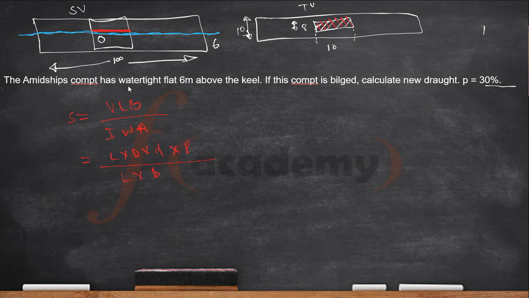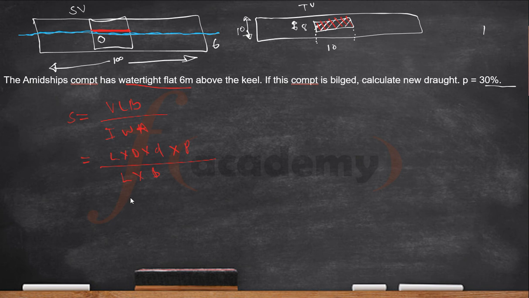Because now the watertight flat is 6 meters, just around here, so water can't keep on going up. Looking at the shape above the waterline, the whole shape is now intact. This whole place, you can't see water now, because the watertight flat closes it, so water can't keep on flooding upward.